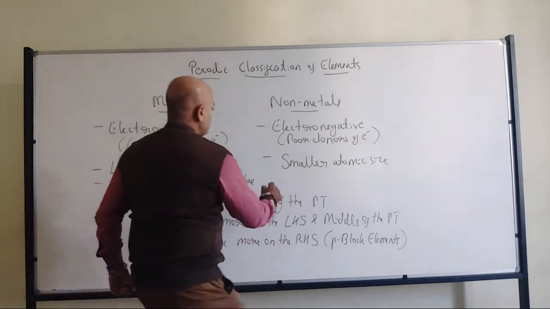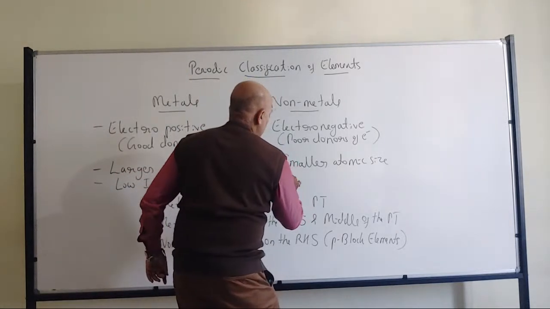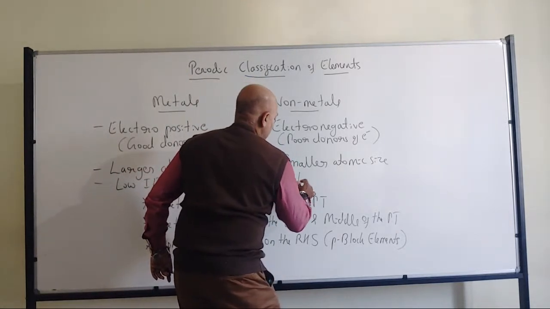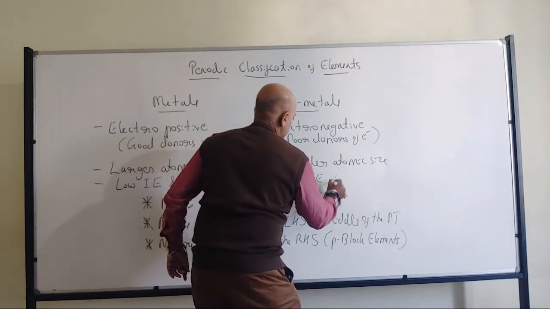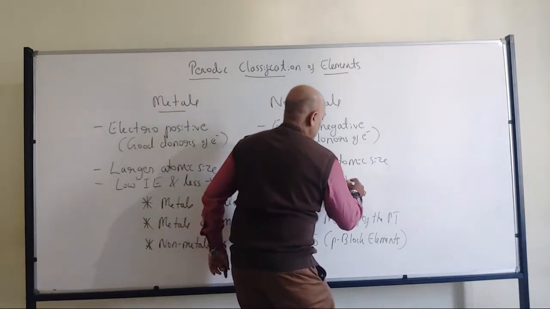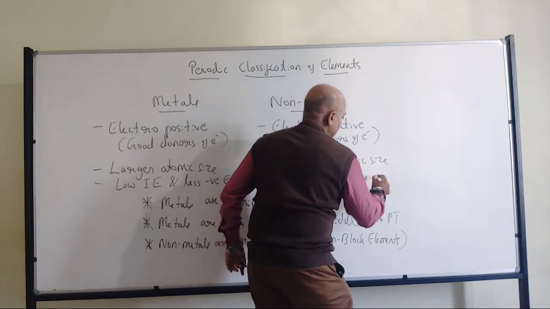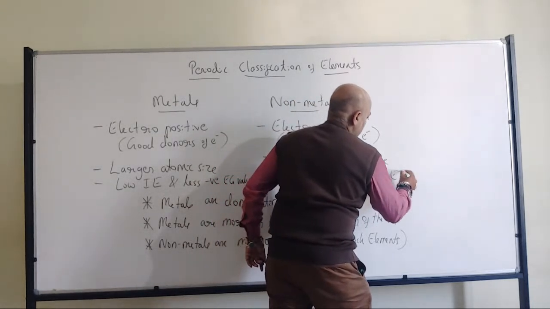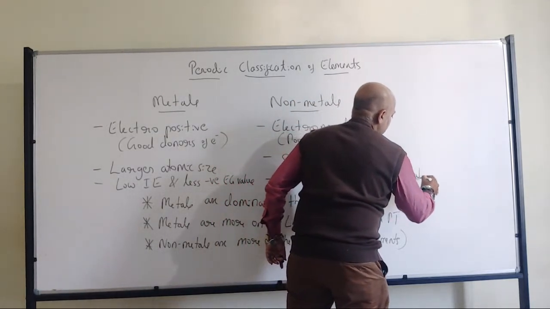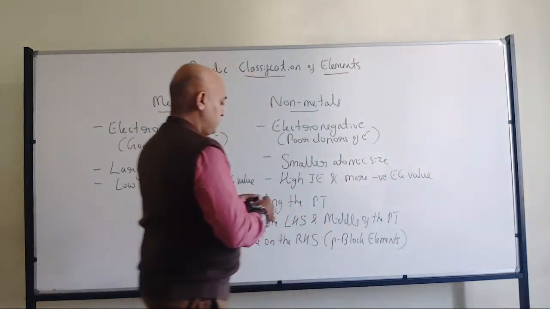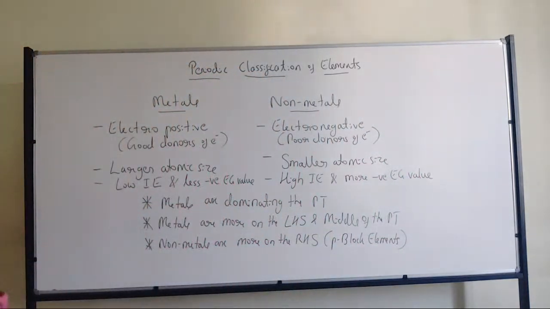Now exactly opposite here. When it comes to non-metals, they have high ionization enthalpy and more negative, or highly negative, electron gain enthalpy value. So this is how we can have the differences between metals and non-metals.